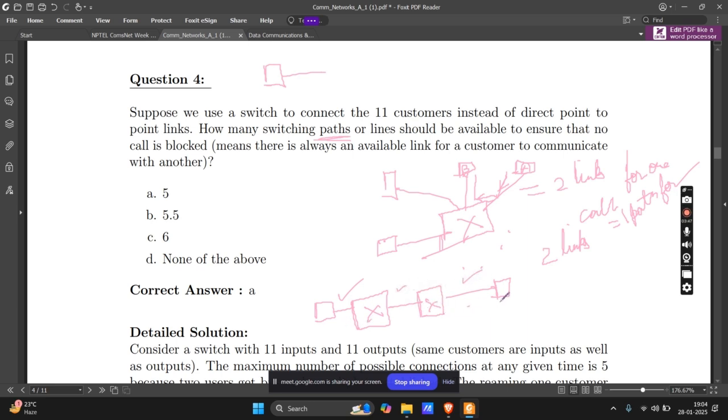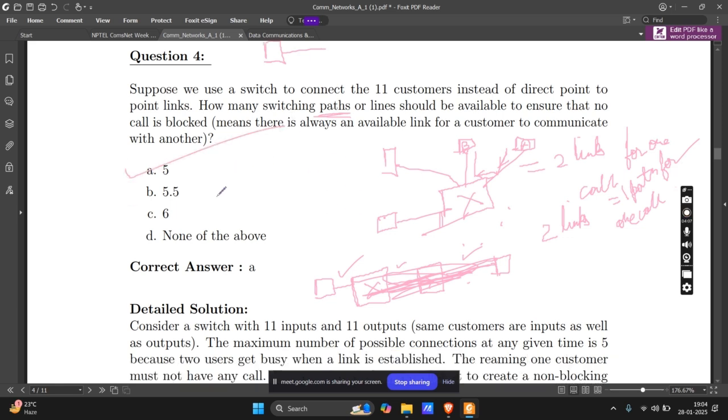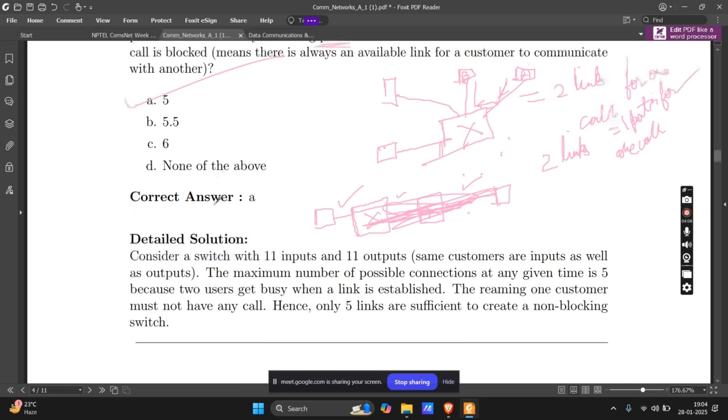These 3 links together make one path. So path is different, links is different. Here in our scenario, 2 links make one path. So we need one path for one call. So we will need 5 paths because there will be 5 calls. So the correct answer is A. Is it understood? The difference between path and link?